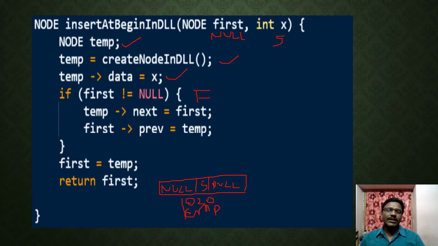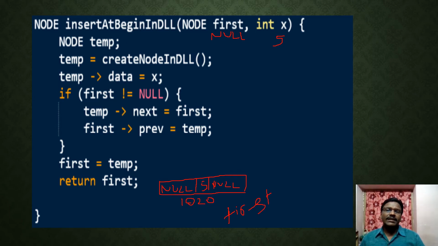So simply move to this statement. This is first equal to temp. It means at present 1020 is representing 10. Then return. There is only one value in the doubly linked list.